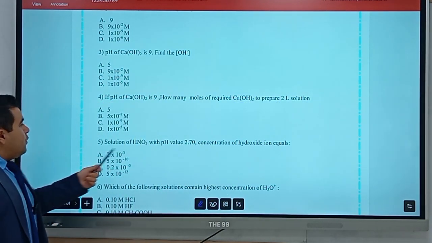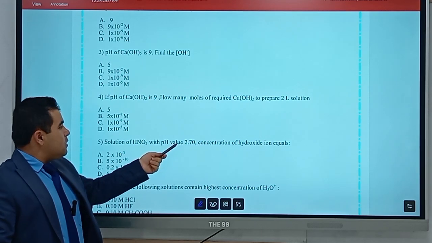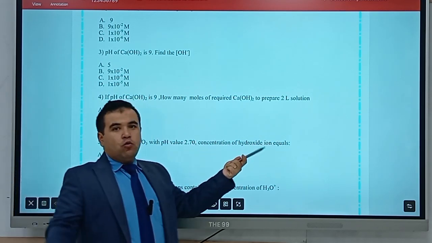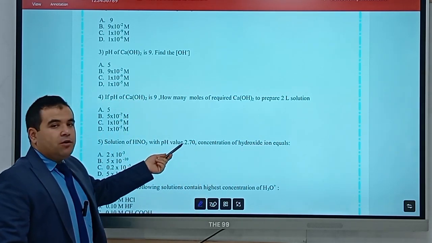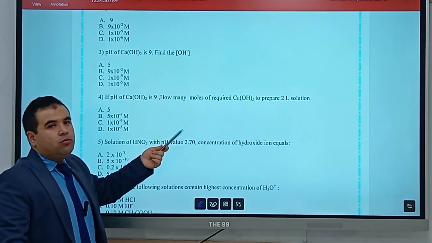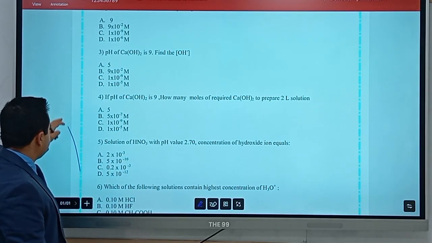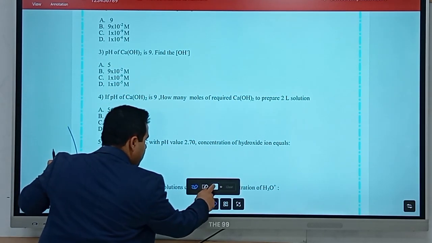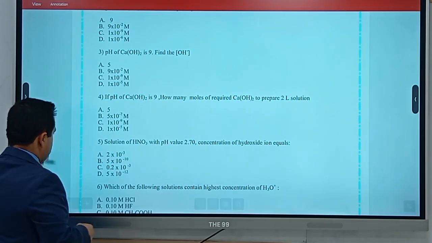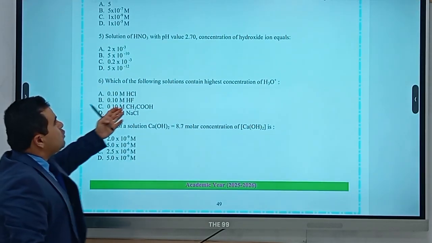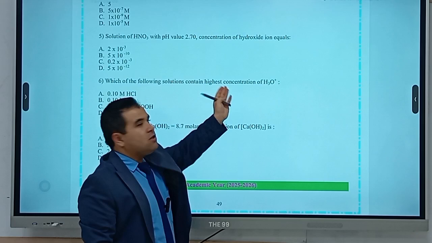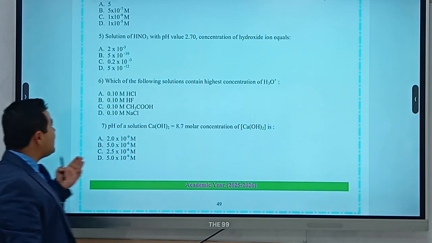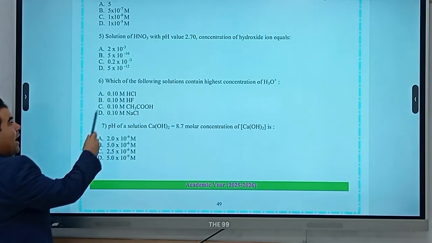A solution of HNO3 has a pH of 2.7, the concentration of hydroxide ion equals? So this can be converted to the hydronium and then hydronium to hydroxide by Kw. Which of the following solutions contains the highest concentration of hydronium?